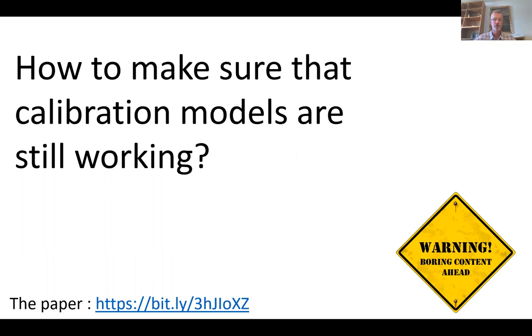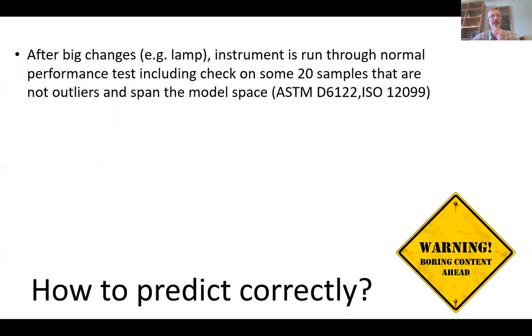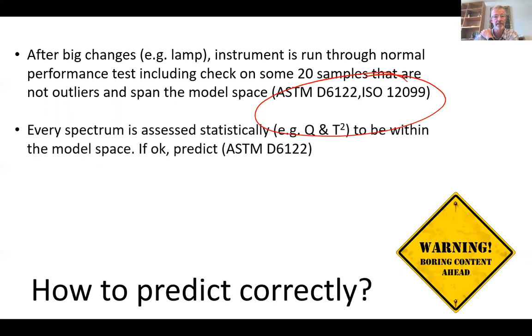But when you do have to maintain calibration models, there's a lot of classical things that you look into, and there's also, as some of you will be familiar with, a number of standards that tell you how to handle calibration models. Often that will be based on NIR, near infrared spectroscopy models, or infrared models, but the principles are more or less the same.